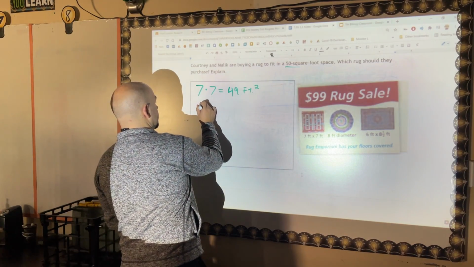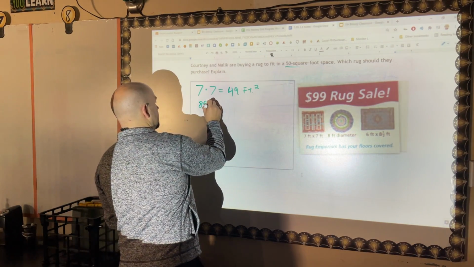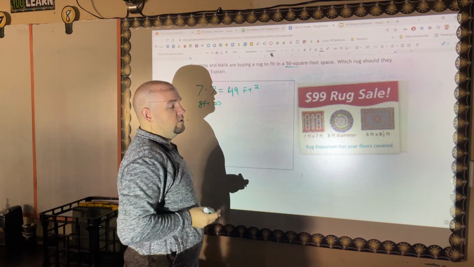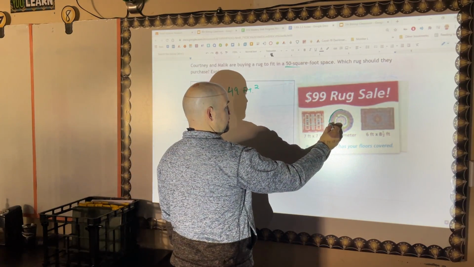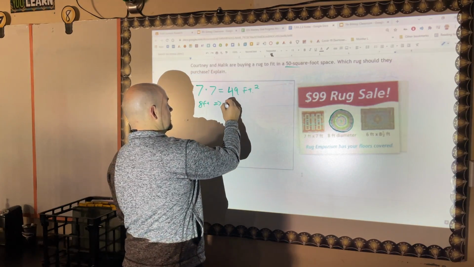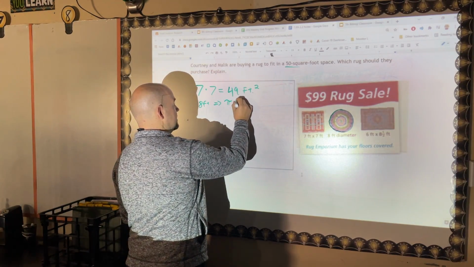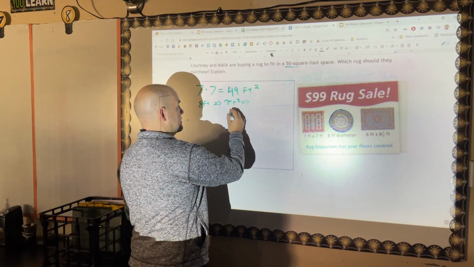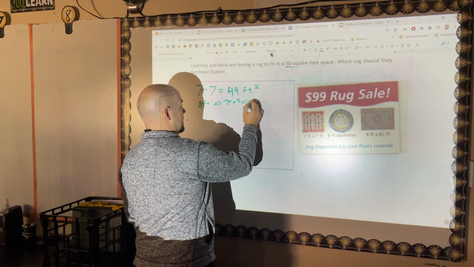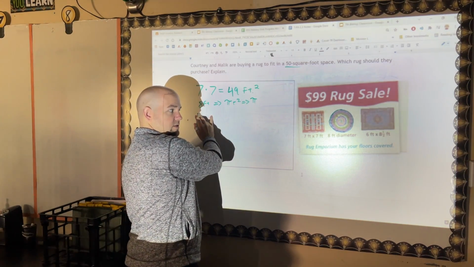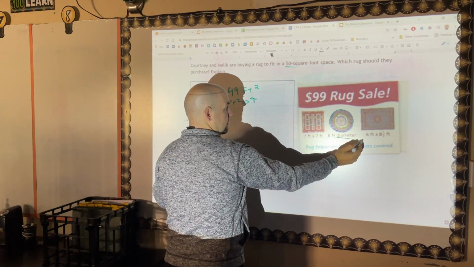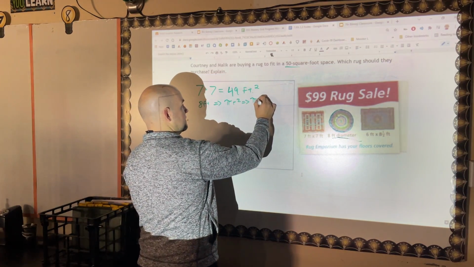The next rug is 8 feet in diameter. Our calculation for the area of a rug, which is how much space it takes up, is pi times the radius squared. The radius is half the distance across. The diameter is 8 feet, so half of that is 4.